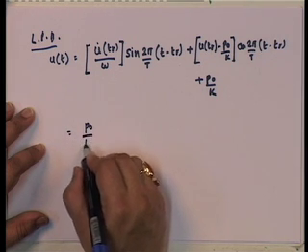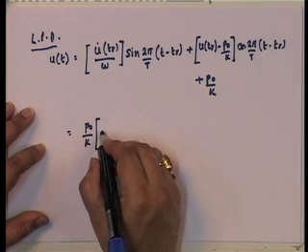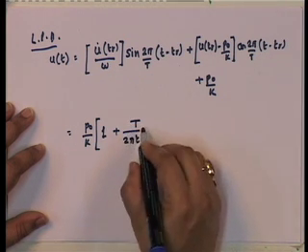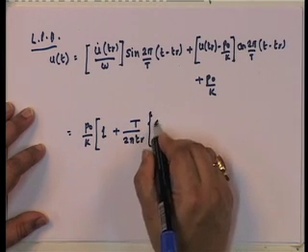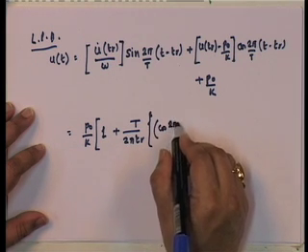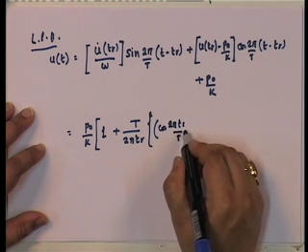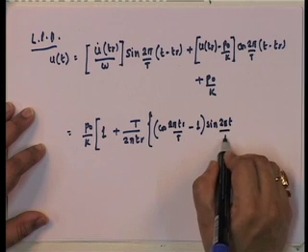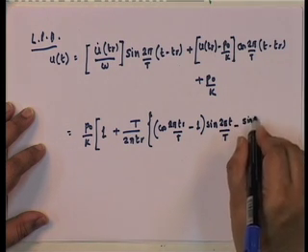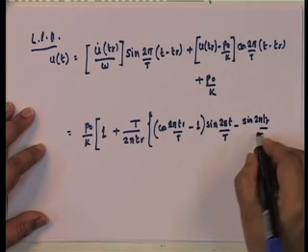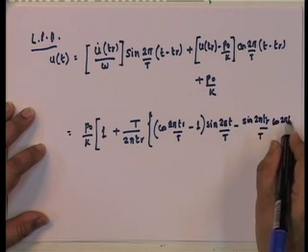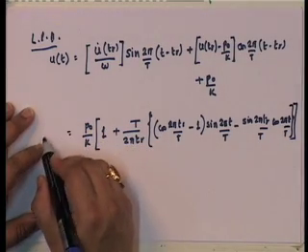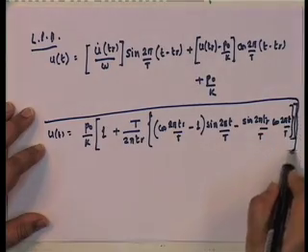I can take p naught upon k outside, and I have 1 plus t upon 2 pi t_r, cosine 2 pi t_r by t minus 1, sine 2 pi t upon T minus sine 2 pi t_r upon T into cosine of 2 pi t upon T. So, that is your u of t for load phase 2.